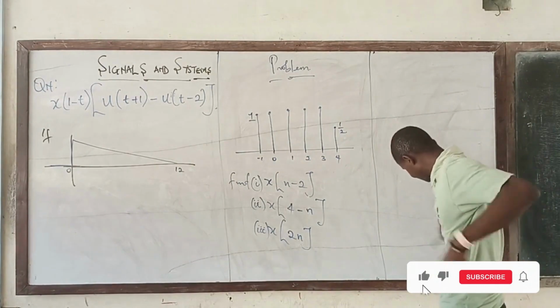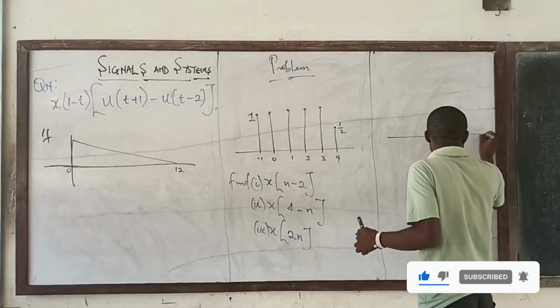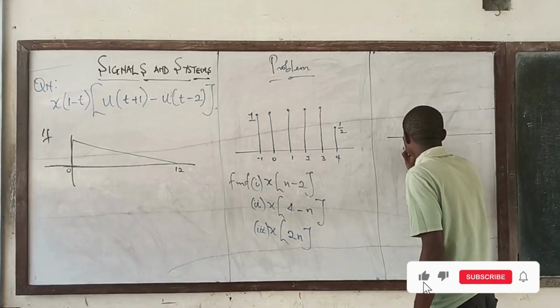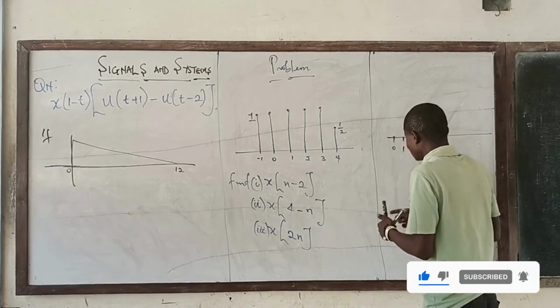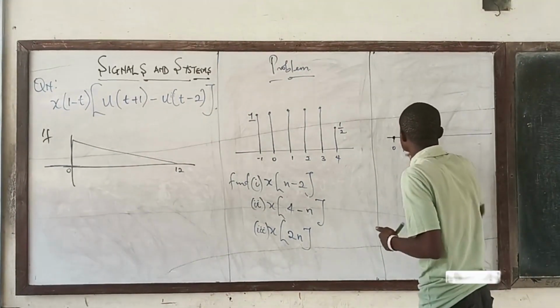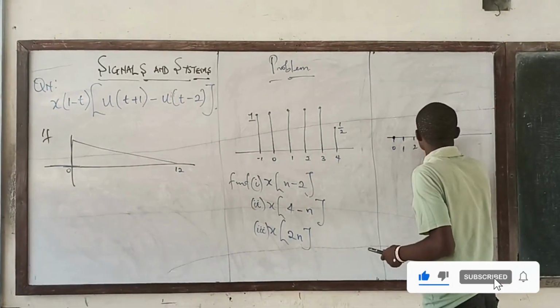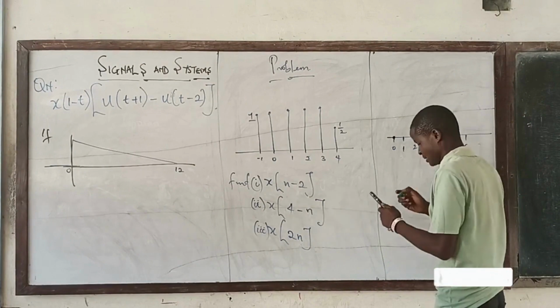Now let me draw. Let's get to work. This is going to be starting from 1. Let's say this is 0, then 1, 2, 3, 4, 5, and 6.